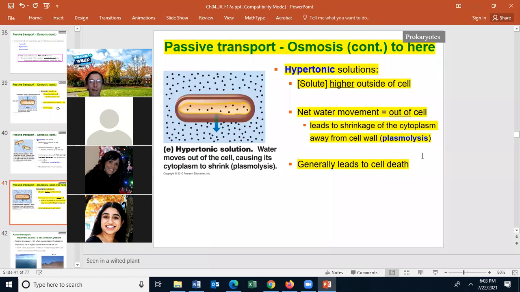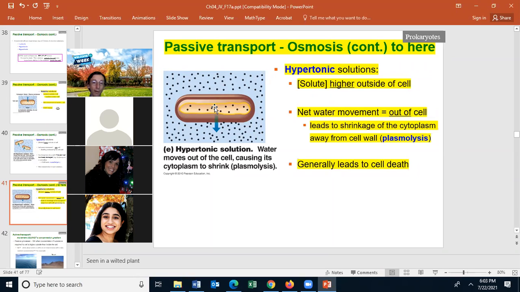All right, the last one is a hypertonic solution. The concentration of solute outside the cell is higher than solutes inside the cell. That will result in water moving from inside the cell to outside the cell. This will cause the plasma membrane to pull away from the cell wall, and it will lead to plasmolysis.